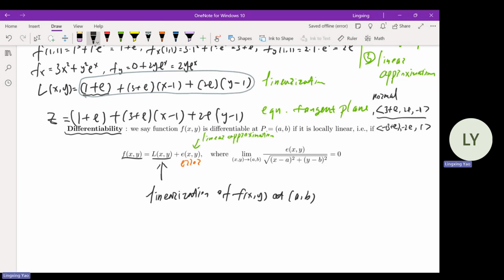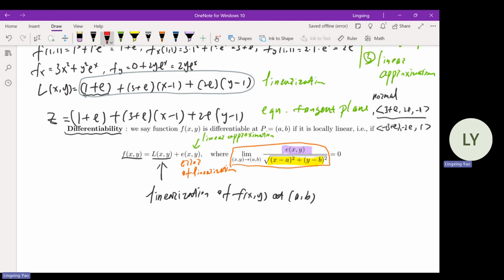All right. So this is the error of linearization. Okay. So we want to look at this limit. We're dividing the error by this quantity. What is this quantity?